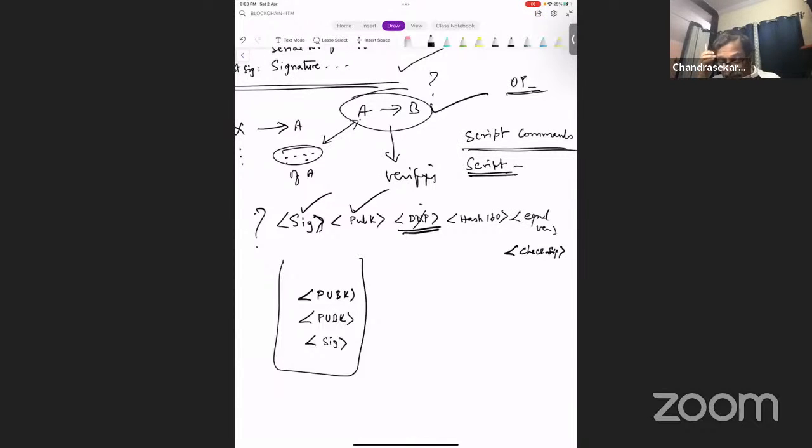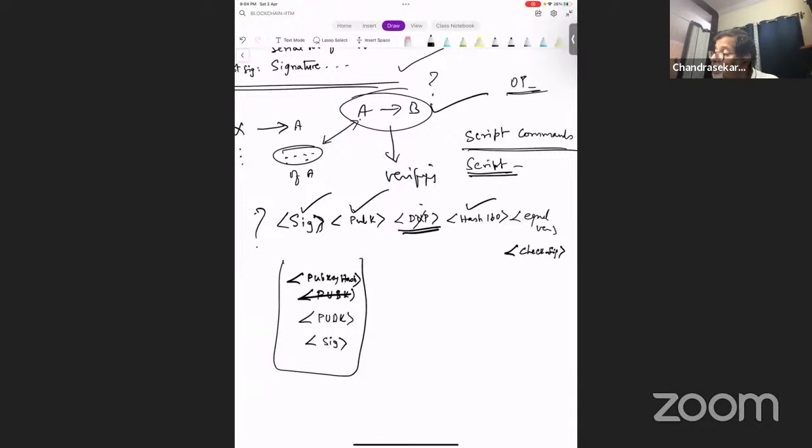And then what you do is hash 160. Hash 160 is going to create public key hash. So it will take this copy, this value will be put out, this operation will be done, and public key hash value will be put in.